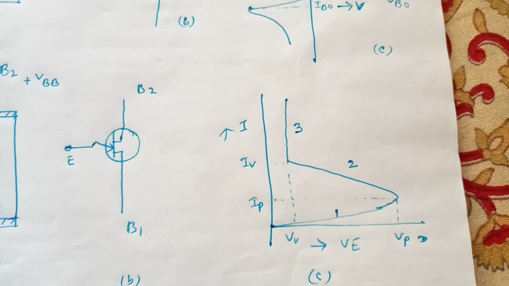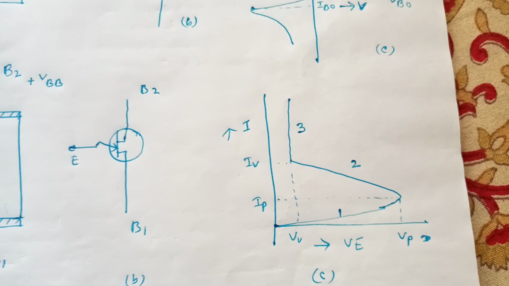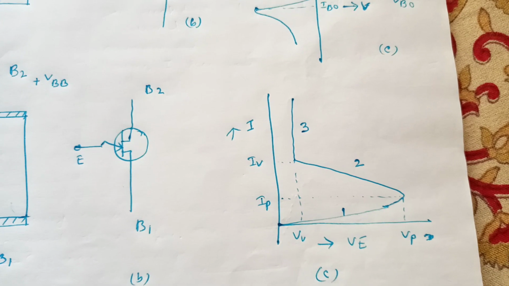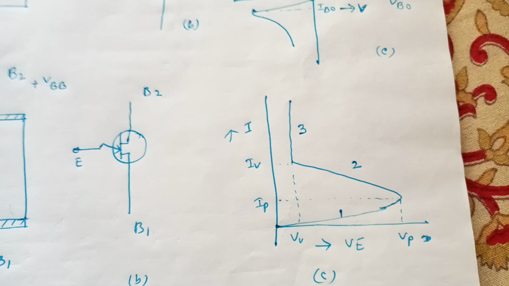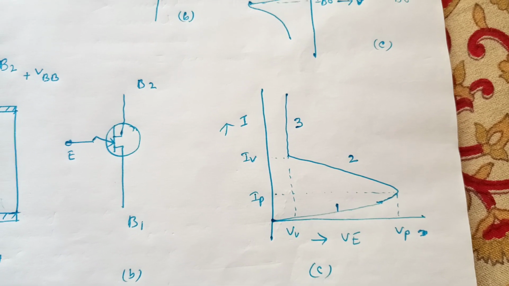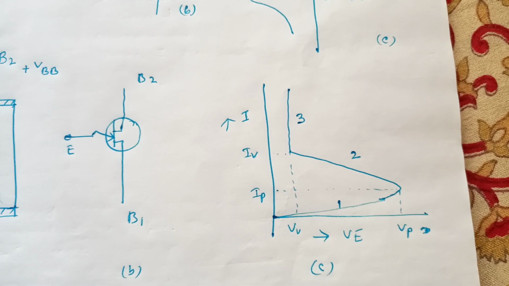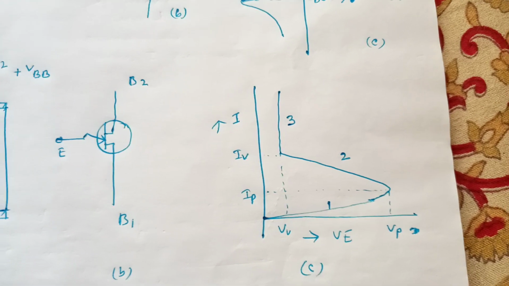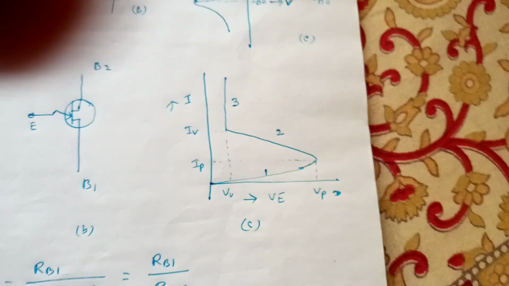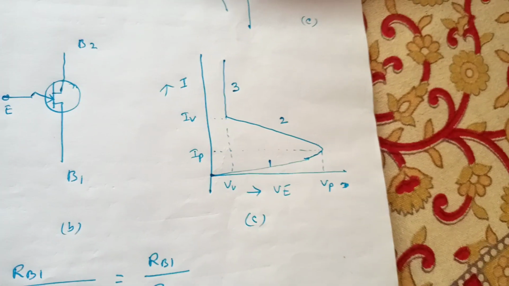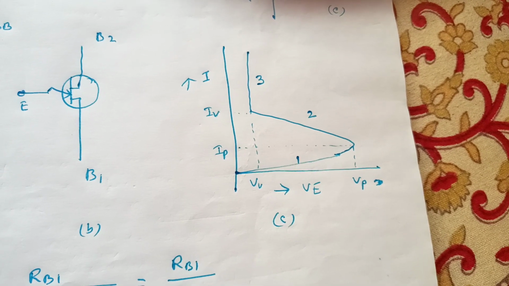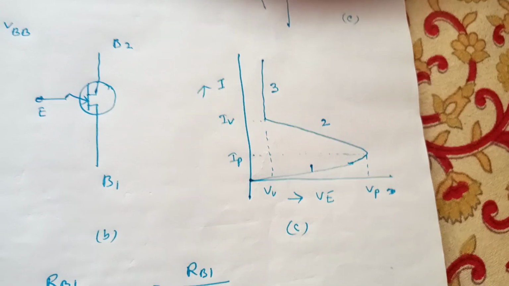As a result, a large emitter current IE flows and the voltage between E and B1 decreases rapidly till it attains a value VV, as shown in figure C, corresponding to the current IV.